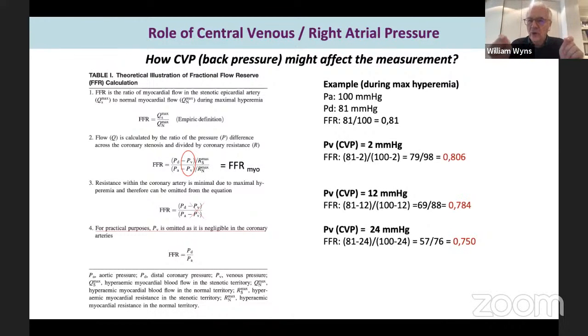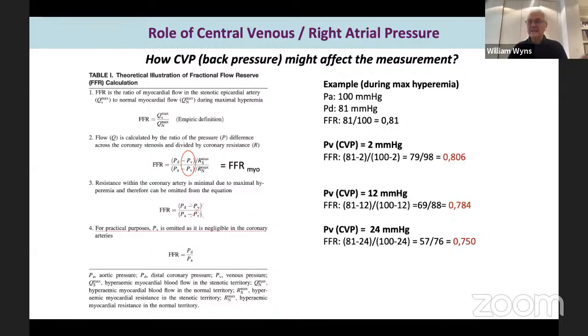The very first formula for FFR was PD minus venous pressure, and venous pressure was approximated by right atrial pressure, divided by aortic pressure minus the right atrial pressure. Okay, so it was actually PD minus PV divided by PA minus PV.